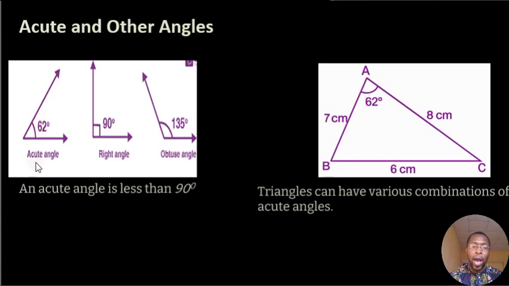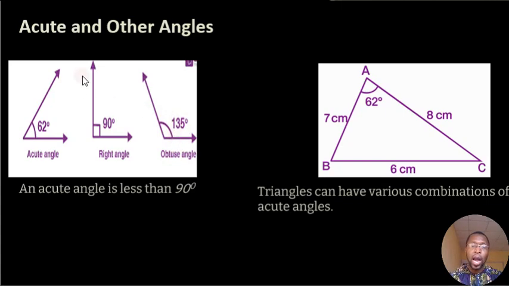But what about if we have acute angle? These acute angles are angles that are lesser than 90 degrees. For example, 62 degree. Right angle is just 90 degree, while obtuse angles are angles greater than 90 degree but lesser than 180. For example, 135 is an example of obtuse angle.